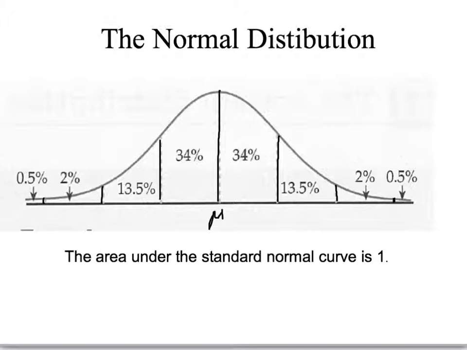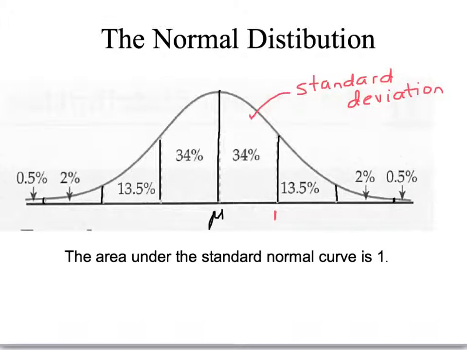Now you need to stop the recording here and copy this down and write down each of these proportions. It's 34% in this. This is one standard deviation. Okay, the word standard deviation.